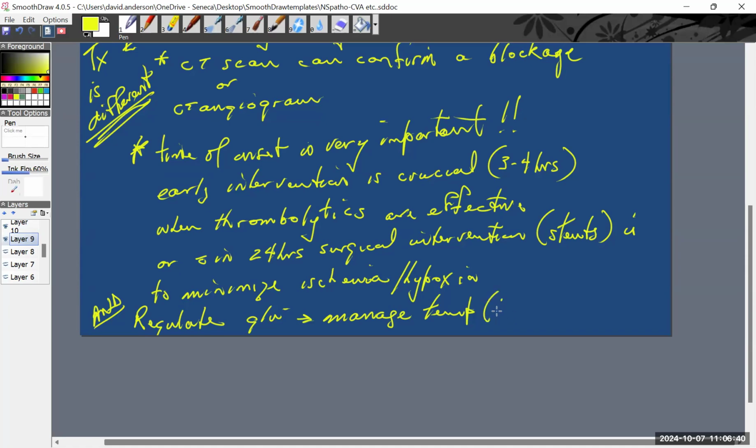So we want to decrease body temperature to reduce demand. So anybody presenting with an ischemic type stroke that also has fever and hyperglycemia has a poor prognosis, a worse prognosis under those situations.